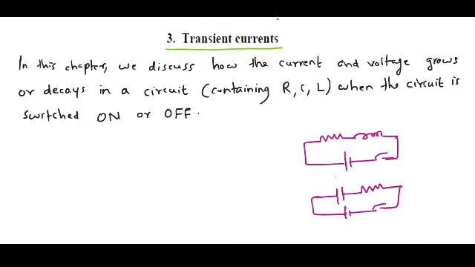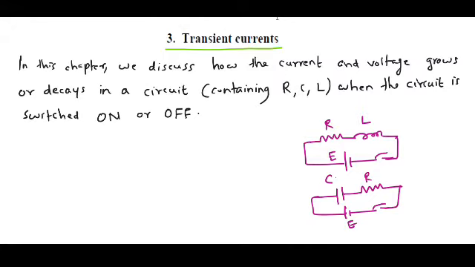In this chapter we will discuss the growth and decay of the current in the circuit containing resistance, inductor and a voltage source, and also the circuit that contains capacitor, resistor and a voltage.